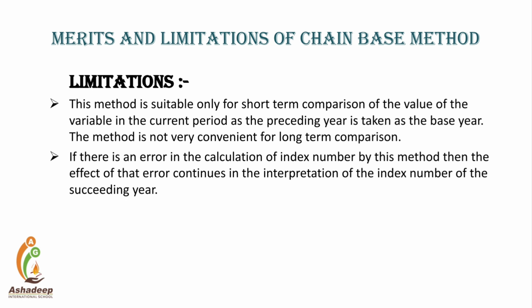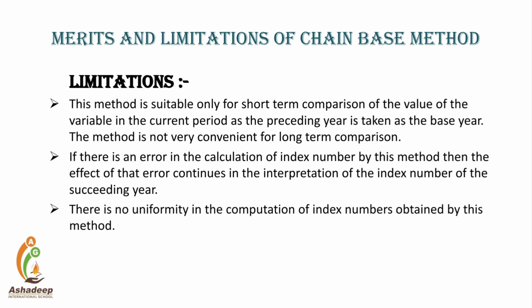If any year's value is wrong, then you are finding the wrong index number for each and every succeeding year, and this is one of the big limitations of this method. You cannot make any mistake. If you make a mistake at any point, the succeeding calculation is always going to be wrong.